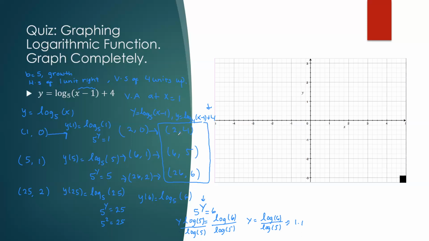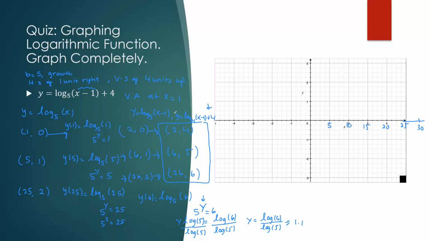Because our x values are really high, I think it's best to go by fives. So this one could be 5, this would be 10, 15, 20, 25, 30, etc. So this graph is not to scale. Now we can start graphing.